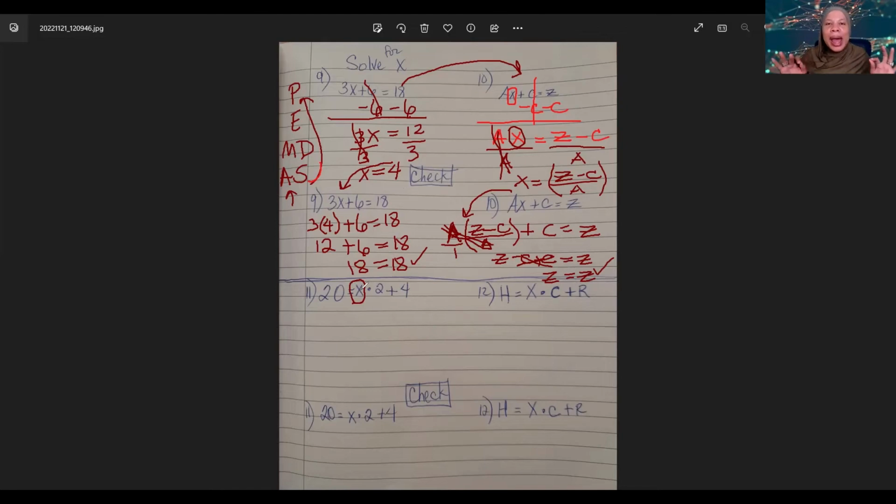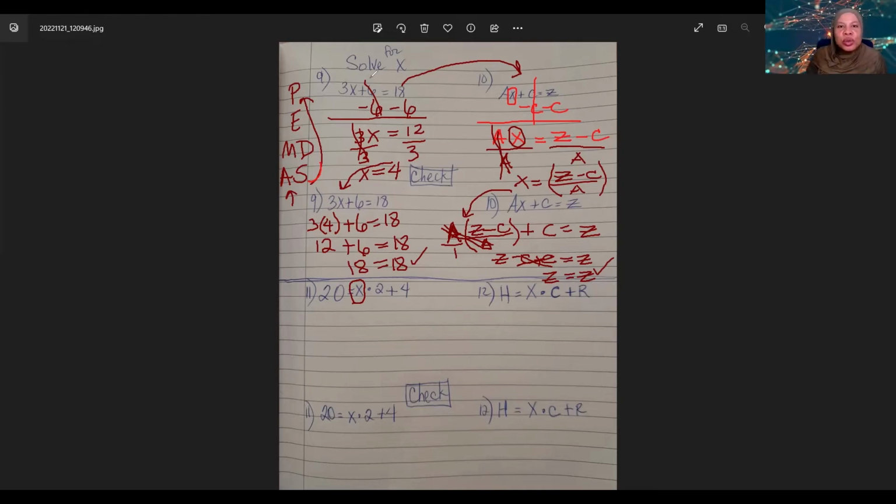Remember, you do the opposite of order of operations when you're solving for variables. So no, I'm not going to do multiplication first, because multiplication would come first if it was doing something else. But when we're solving equations, we're doing the opposite of the order of operation.